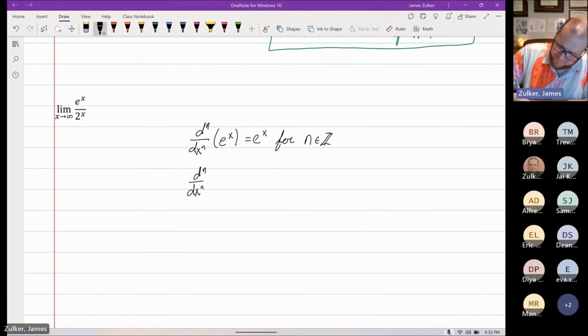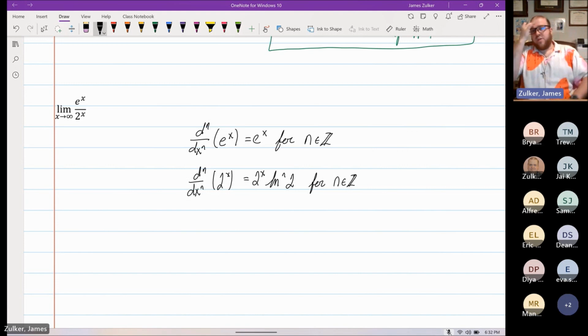For the denominator, the nth derivative would be 2 to the x times log of 2 all raised to the nth power, right? So again, we're always going to have that e to the x over 2 to the x. So L'Hopital's rule is never going to work.